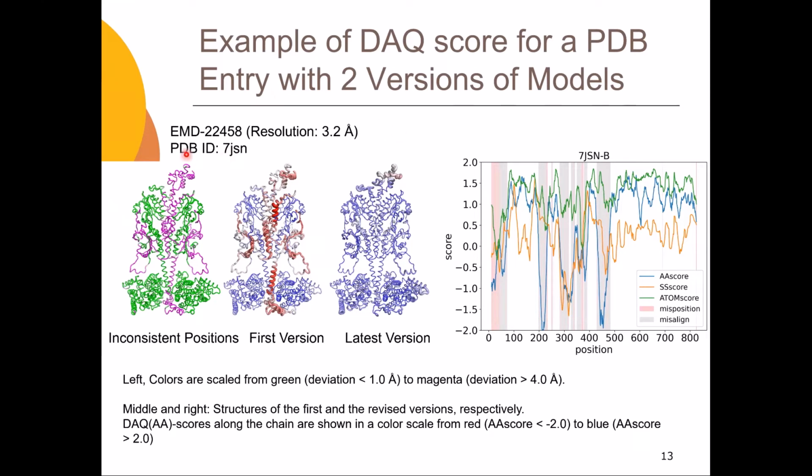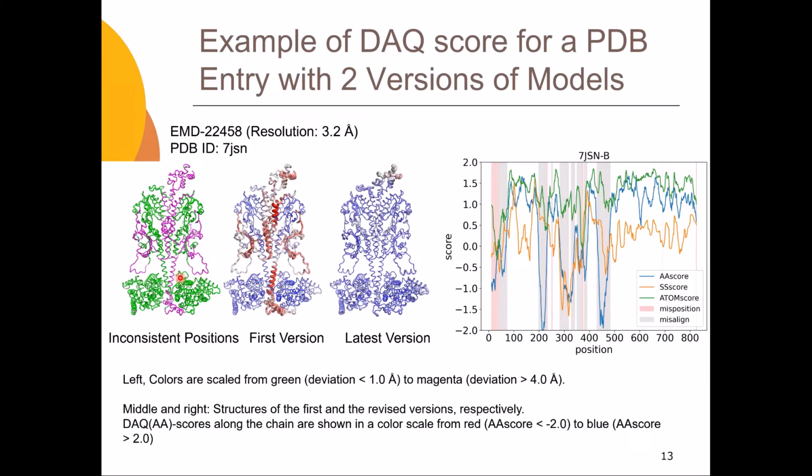So here is an example of how the DAQ score behaves. The example I'm showing is PDB ID 7JSN. In this case, there are 2 versions of PDB entries, and the authors have changed the structure significantly, and also put a correction note to the paper. So it is probably safe to say that the first structure had some errors in it.